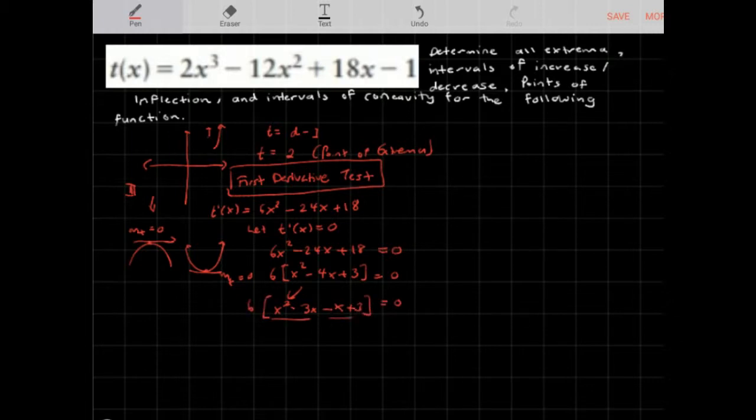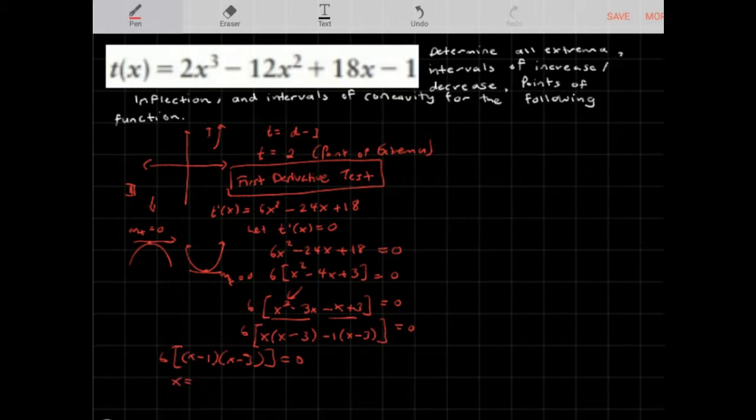If you factor these two and these two, you get x minus 3, negative 1 times x minus 3, and then you factor by grouping, right? So in this case, you get 6 times x minus 1 times x minus 3, and then this is equal to 0.